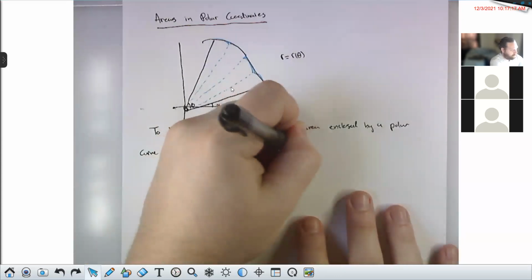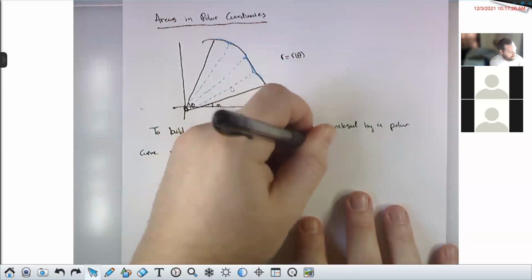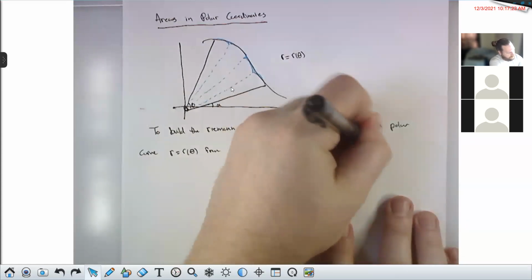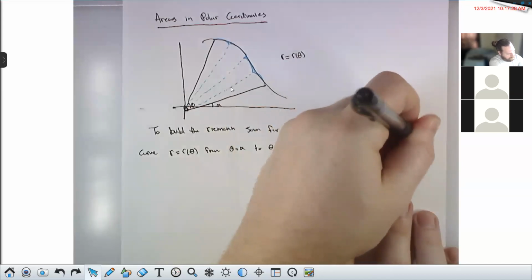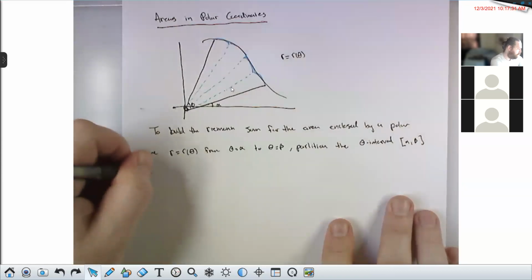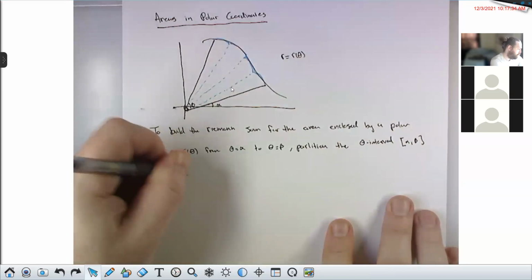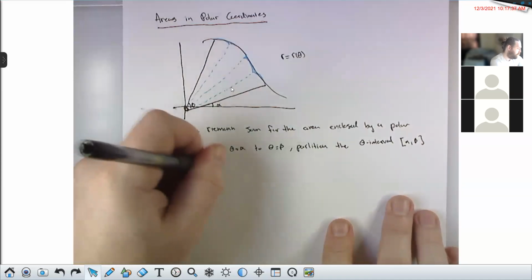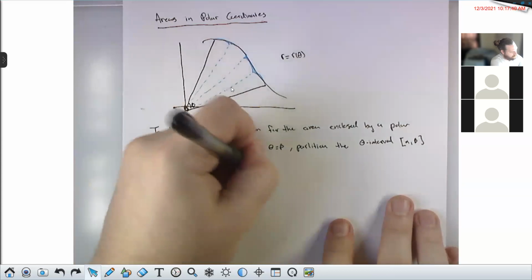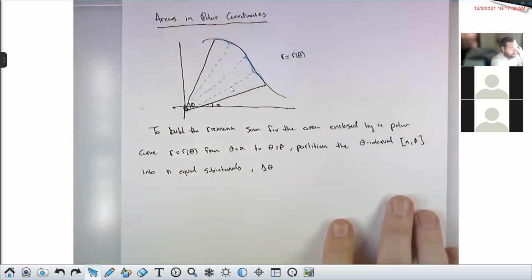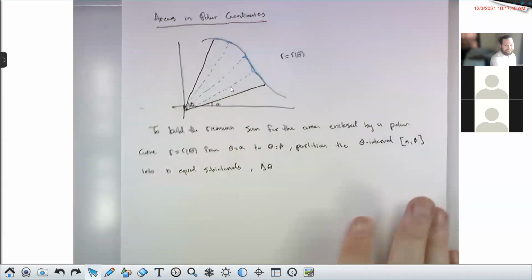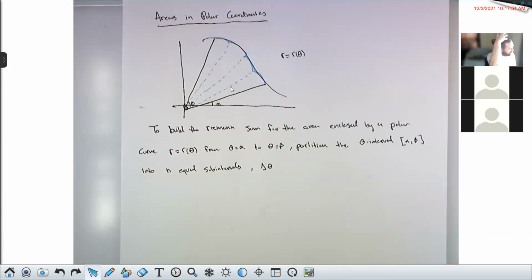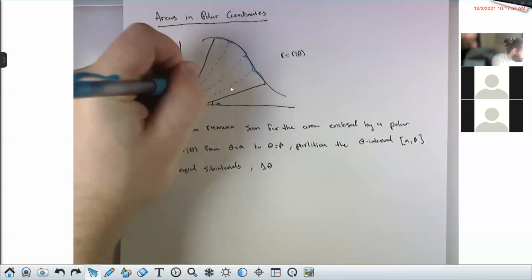We partition the theta interval alpha to beta into n equal subintervals. Call them length delta theta. I don't want to call it a length because it's really a rotation, so I'm just going to say delta theta. Each one of these little angles in here is delta theta.